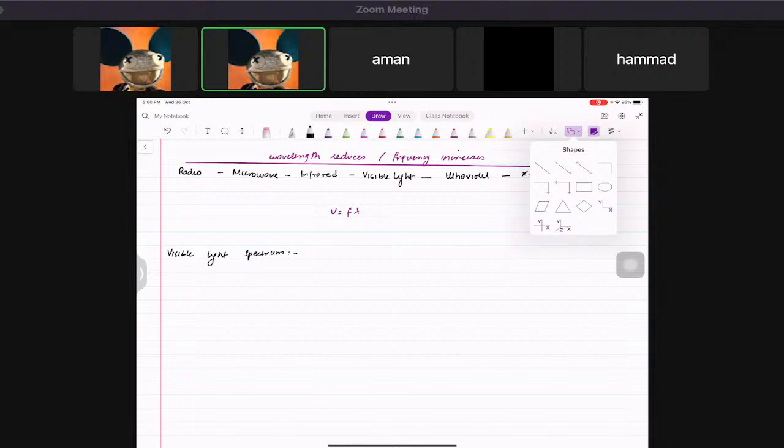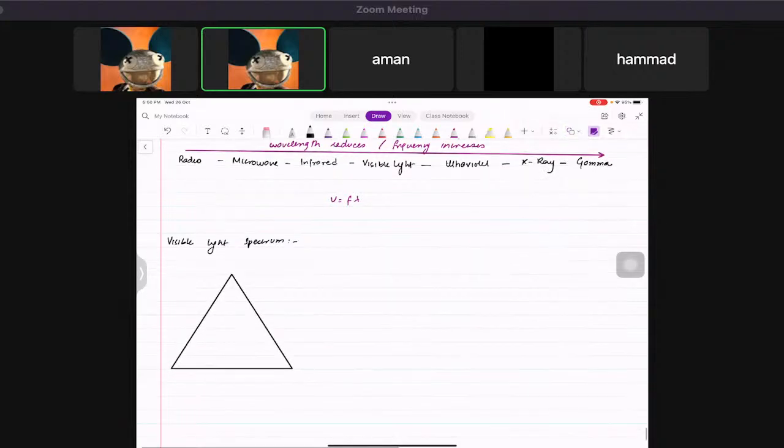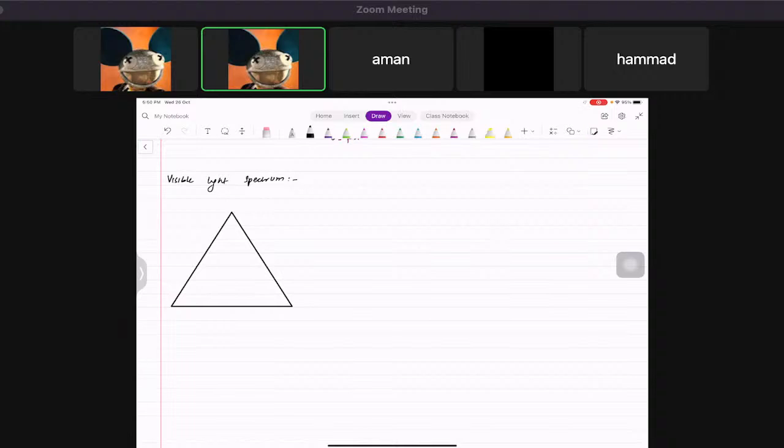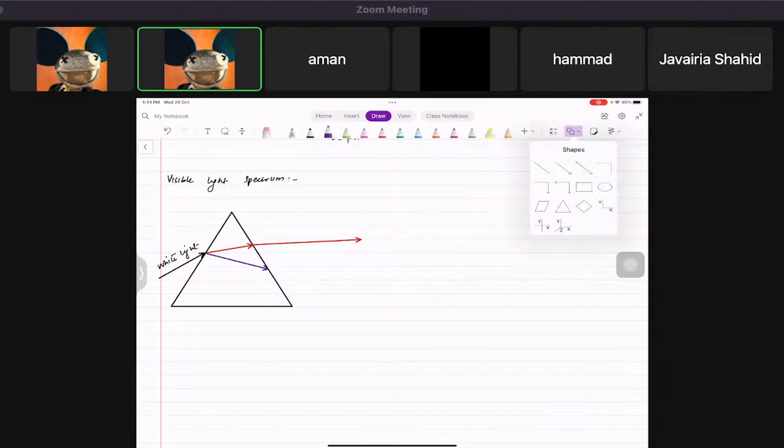For example, when white light, which is just the normal light, enters a prism, it releases red, and then it also releases violet, and five more colors between them.